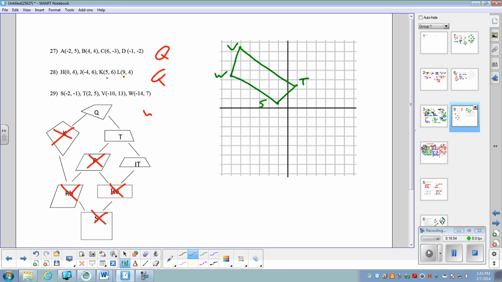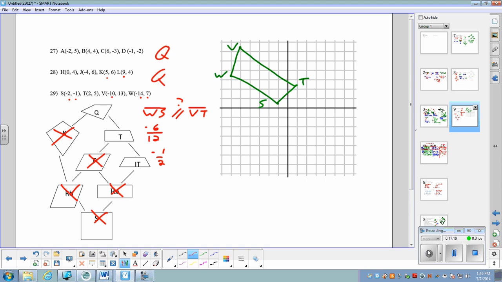Is WS parallel to, question mark, VT? So from W to S, negative 14 to negative 2 is positive 12 on the x's. Remember that goes on the bottom. And from 7 to negative 1, that is down 6, which is negative 1/2. And then let's check VT.